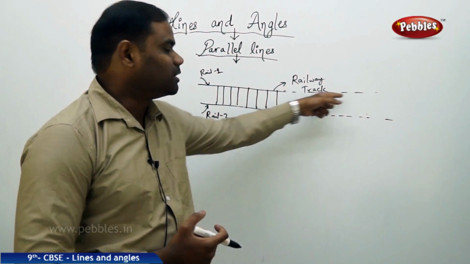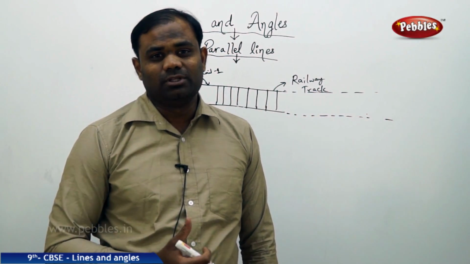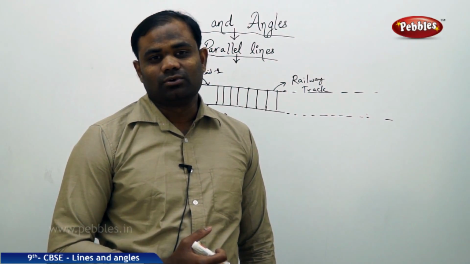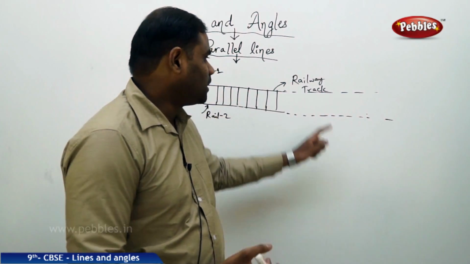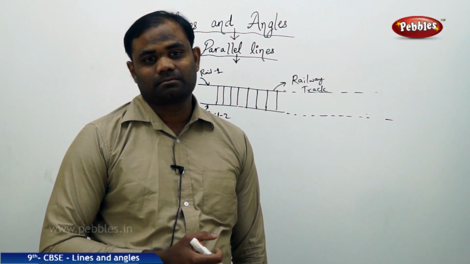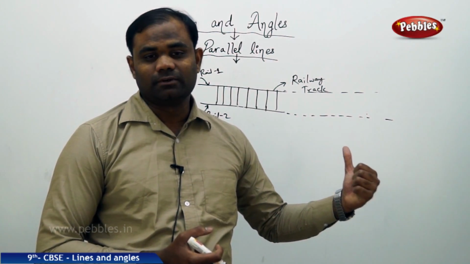Since these two never meet, they are parallel. So mathematically, I define parallel lines to be those lines which never meet. They always go on and on till infinity, but they never meet. Parallel lines and their properties to be continued further.